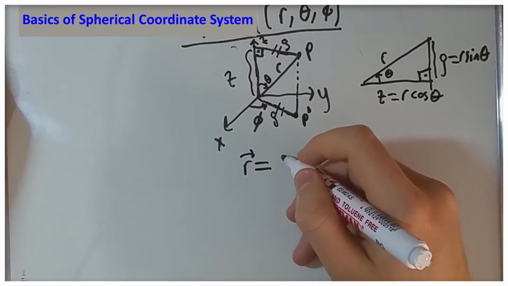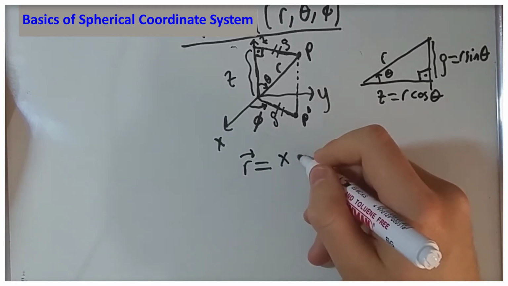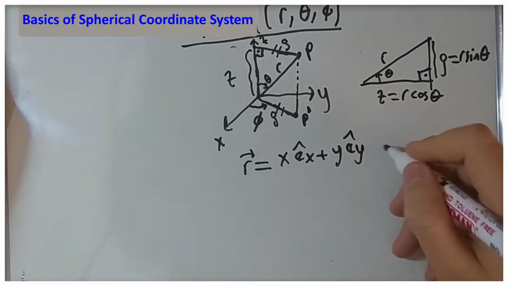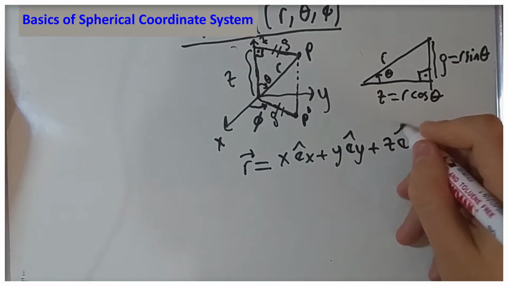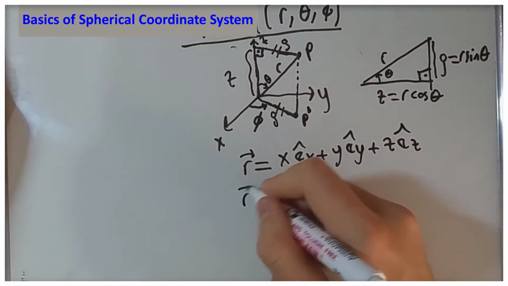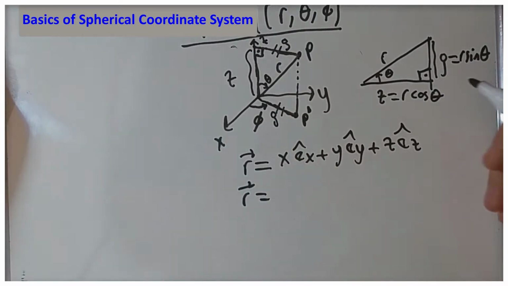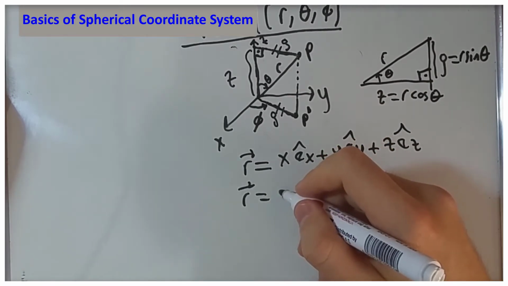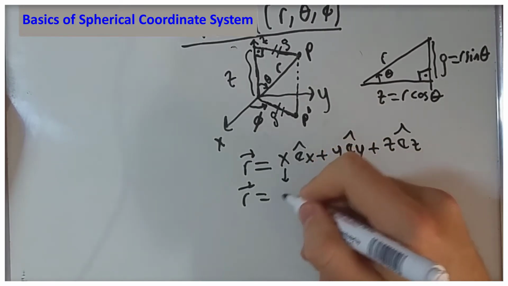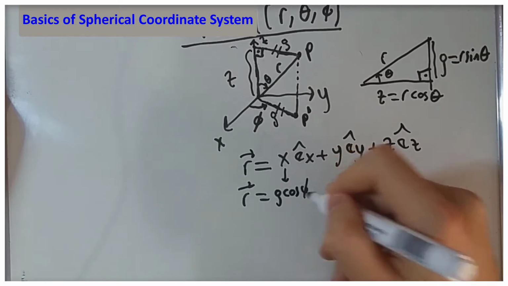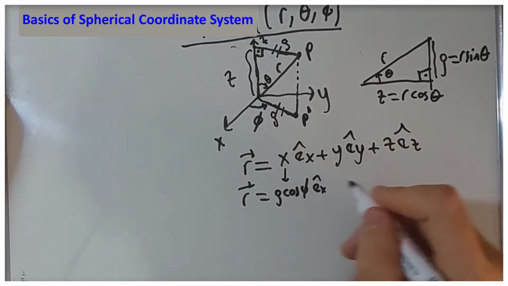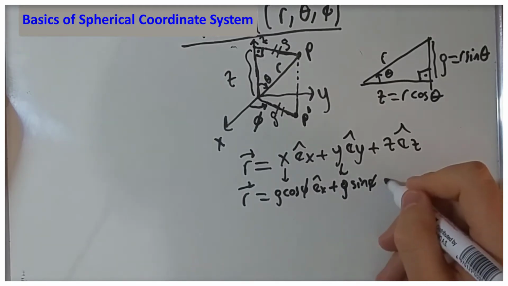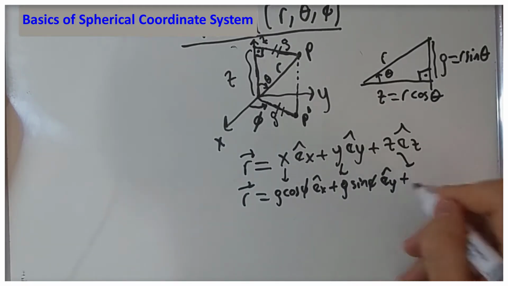Normally, I can write r equals x ex plus y ey plus z ez in its most general form. Now see how I am converting this to spherical coordinates. In the previous cylindrical coordinates video, I had written rho cos phi ex for x, rho sin phi ey for y, and z ez for z.